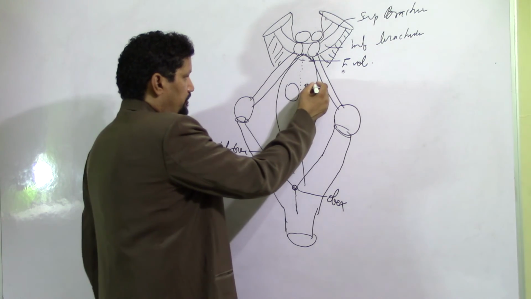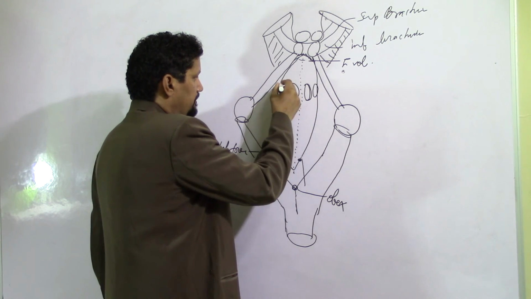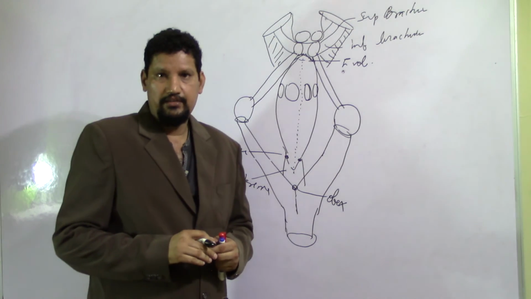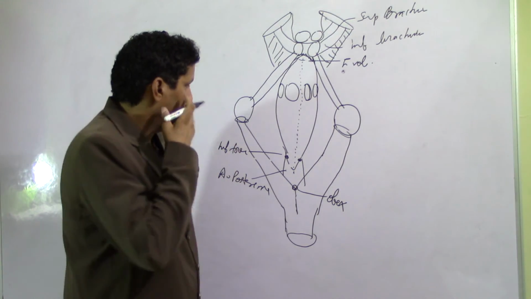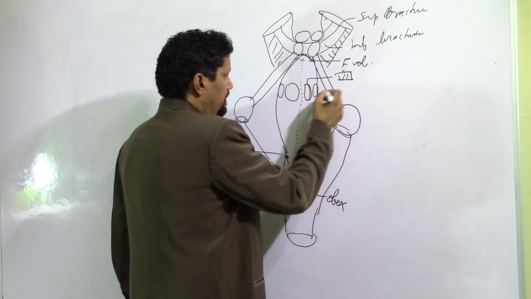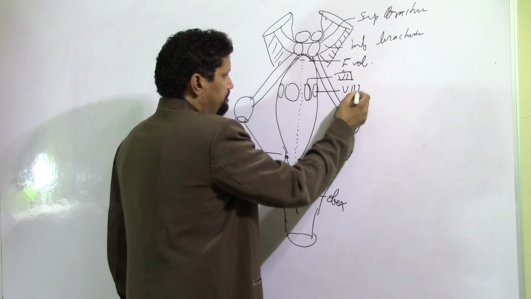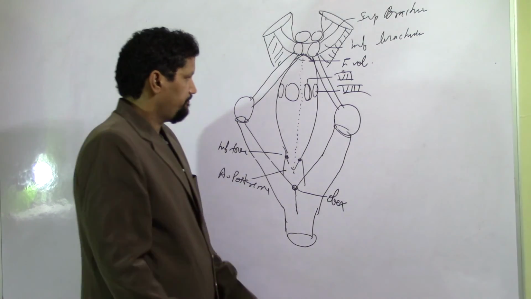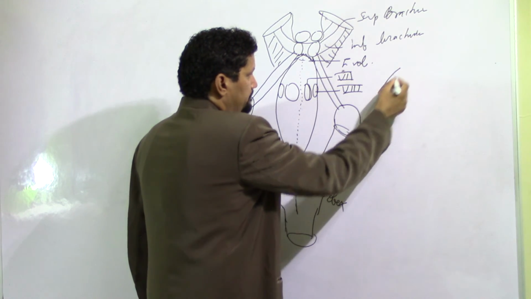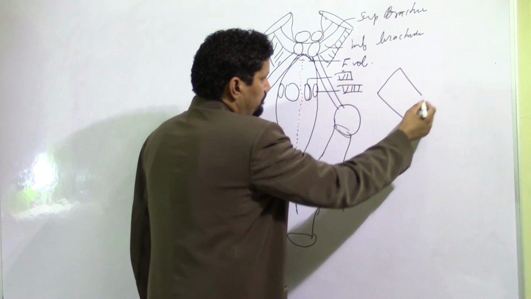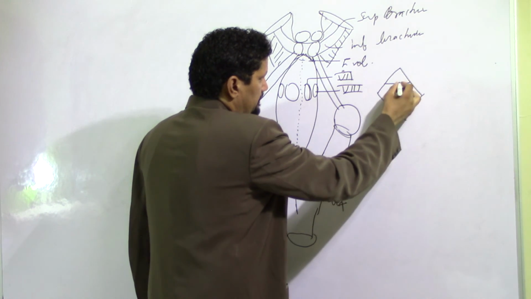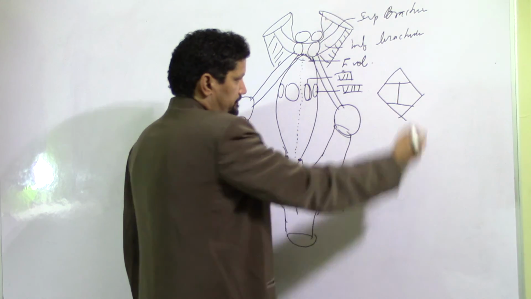Lateral to the facial colliculi, there are two other prominences which are formed by the vestibular nuclear complex. This is related to the 7th nerve and this is related to the 8th nerve. The vestibular nuclear complex has 4 nuclei: superior, inferior, medial and lateral.